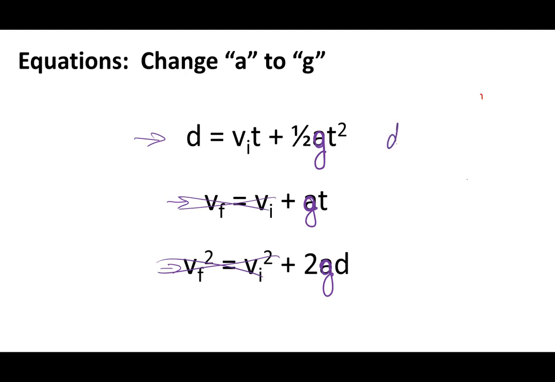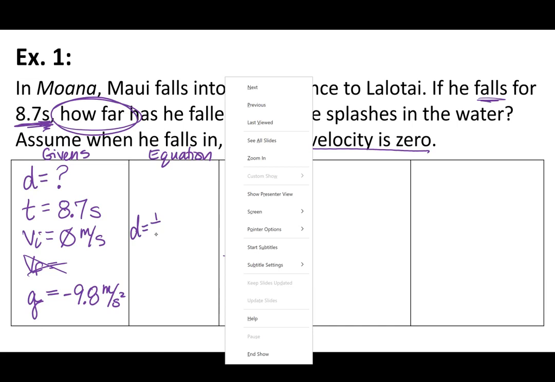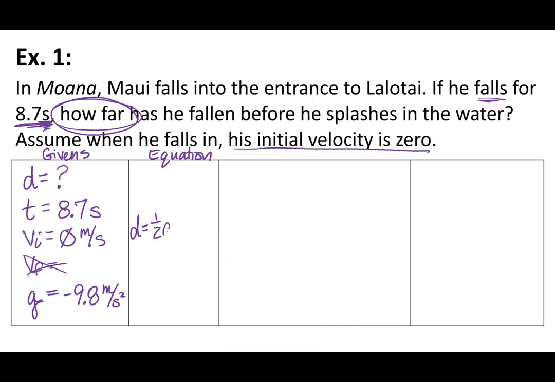On the equation sheet, it's flipped. 1/2 AT squared plus VIT. It just so happens the way that I have it written here, but this is the form right here that you see on the equation sheet. So let's use that one. D equals 1/2 AT squared plus VIT. A becomes G.